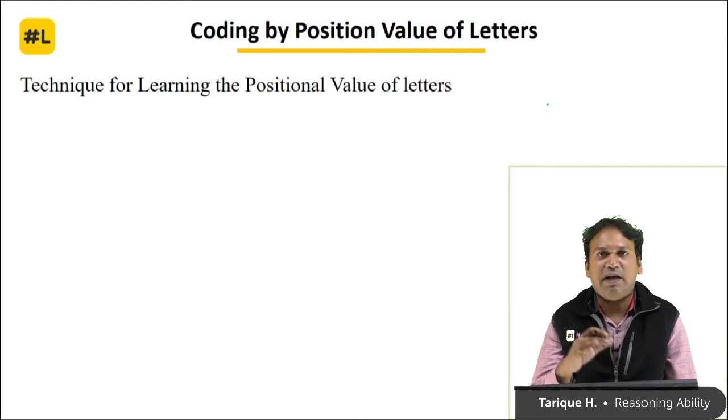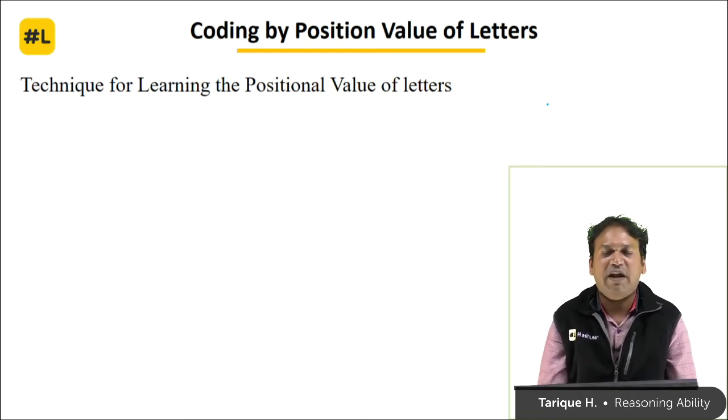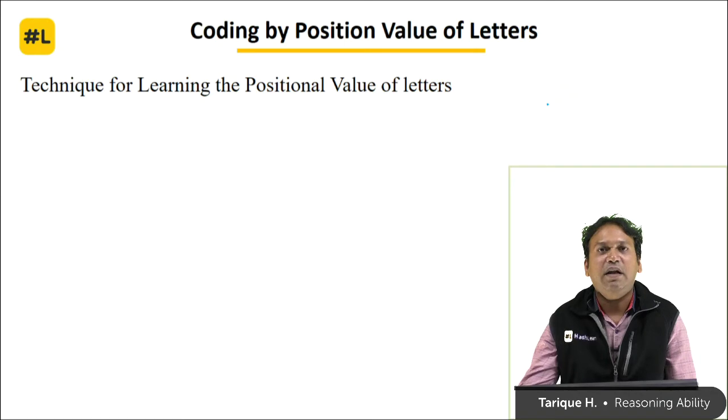Under exam pressure, you can make basic mistakes where L can become 12 or 13 or 11 and then you can get the wrong answer, because the correct value of L is 12, not 13, not 11. So what we do, we learn the in between letters, okay?